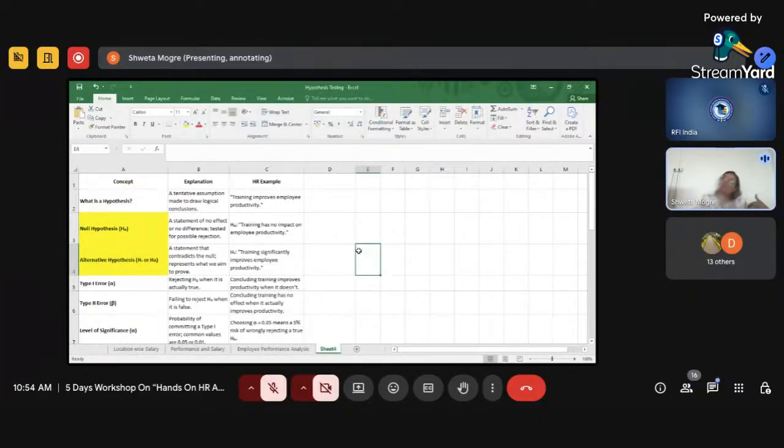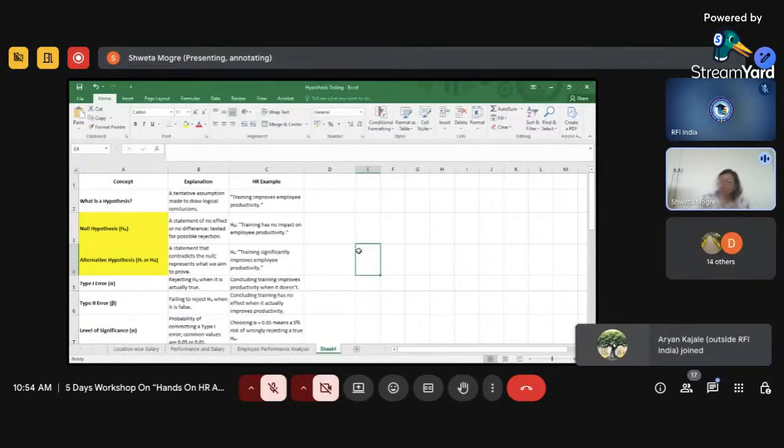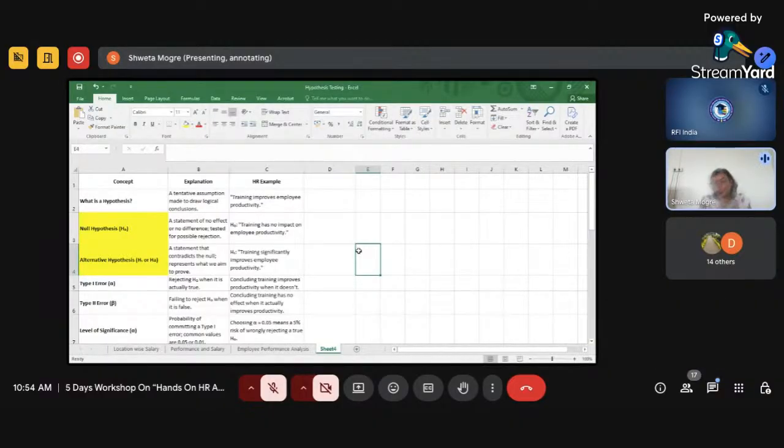There is a standard procedure, a standard protocol. Every time, in the beginning, we draft a statement which is neutral in nature. And why do we do so? Because being a researcher, a decision maker, we should be neutral every time. So if I am testing the impact of experience on salary, in the beginning I will draft my statement like: experience has no impact on employee's salary.